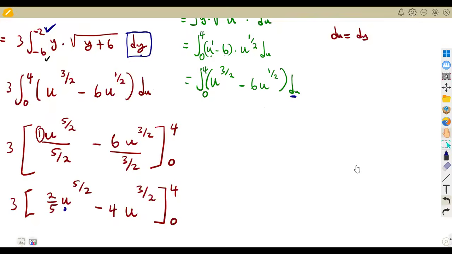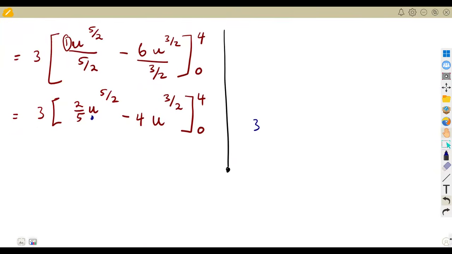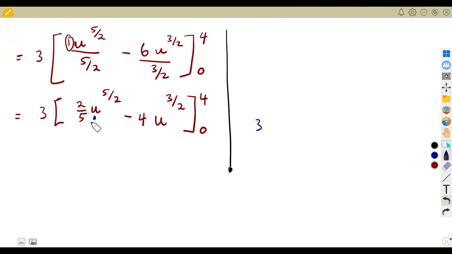So it means we are going to write this as, I want you to know this. You remember u is y plus 6. So you're going to write this as, we have integrated. So now you're going to have this. You are now substituting. In place of u, you substitute with what? That expression for u, which you said what? Y plus 6.